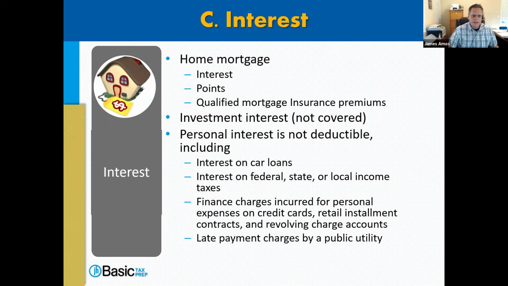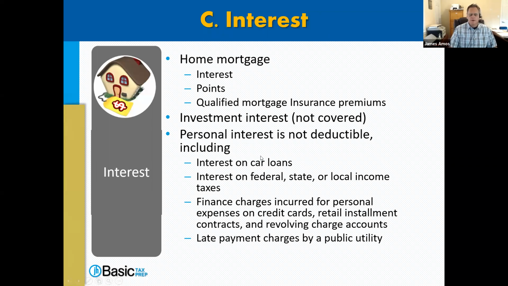Okay. So interest and points is what home mortgage includes. Investment interest, we're not talking about that, okay? Technically, there's some investment interest you could include, but it has its own set of rules. Personal interest is not deductible. What are we talking about?